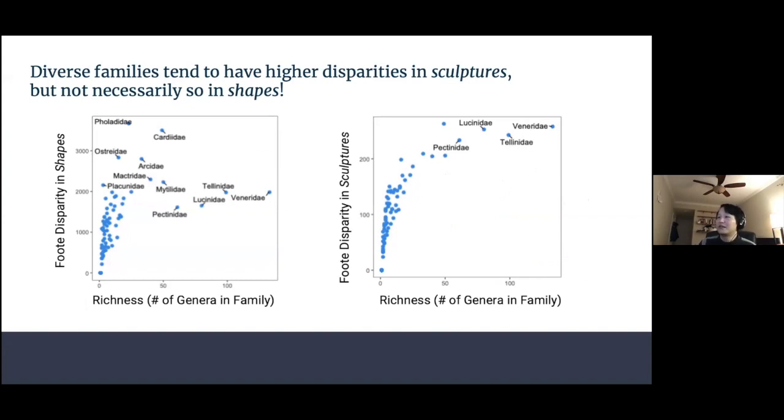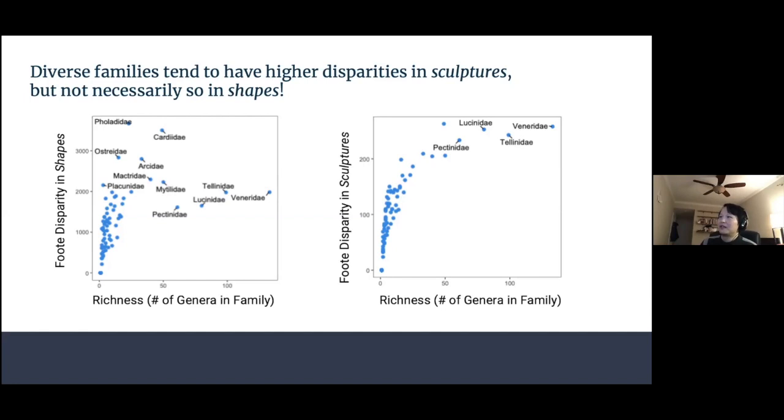In these two different plots, we investigate the richness of the species diversity by counting how many genera there are in each family against the disparity, which is the variability in the feature descriptors. Already we can see that a more diverse family tends to have a higher disparity in the feature descriptor for sculptures.